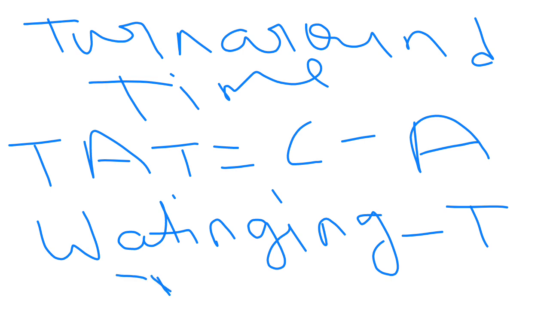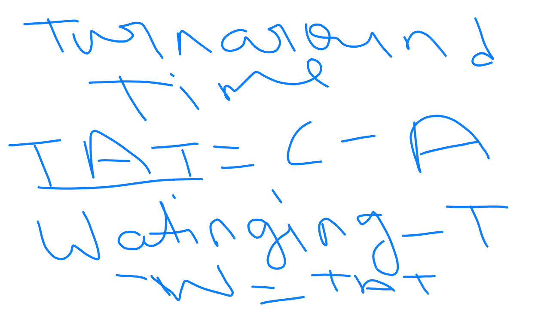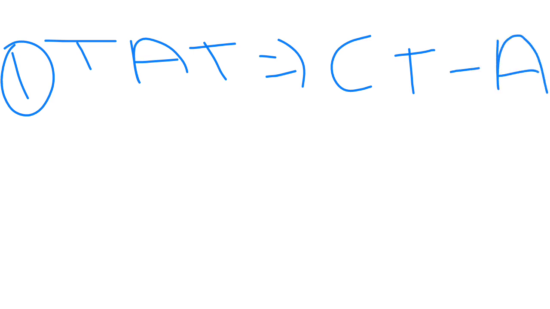Okay, waiting time, W, is equal to turnaround time, TAT, minus burst time. Suppose TAT is equal to completion time minus arrival time.